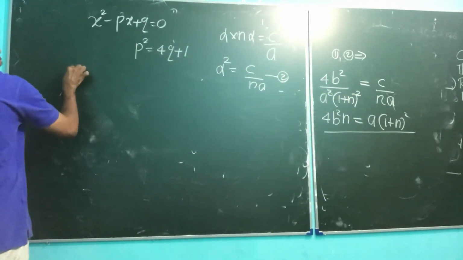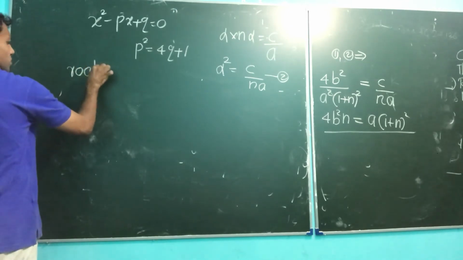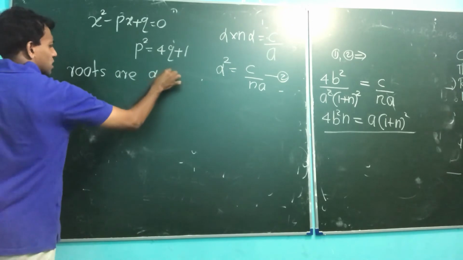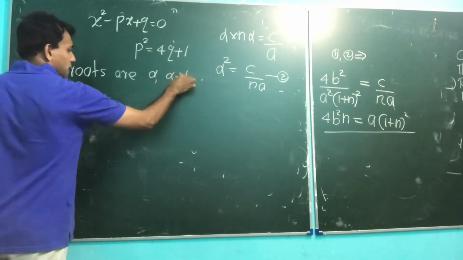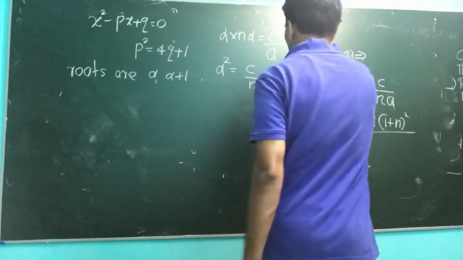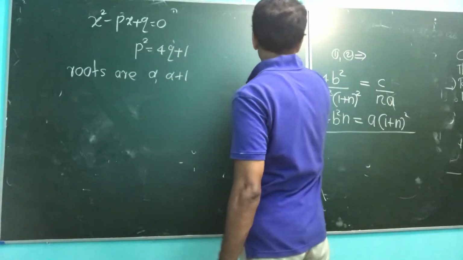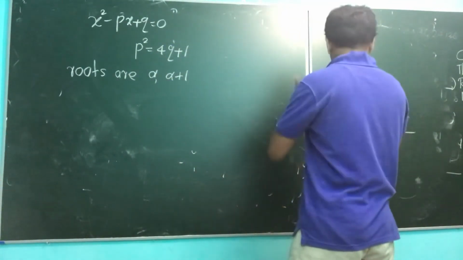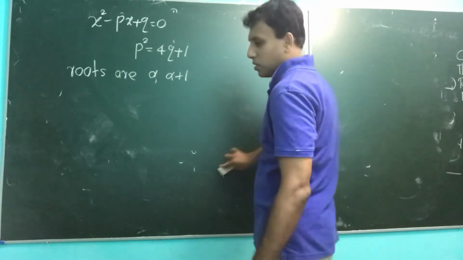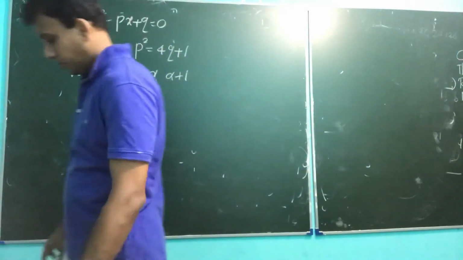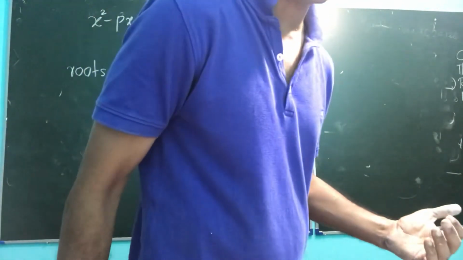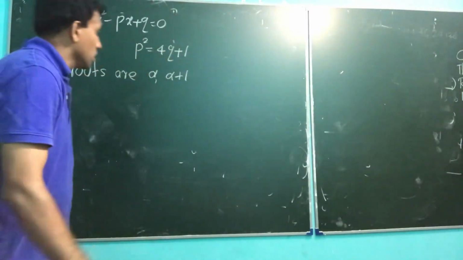Let the roots be alpha, comma, alpha plus 1. Alpha, comma, alpha plus 1. Then write the method, sum of the roots and product of the roots.